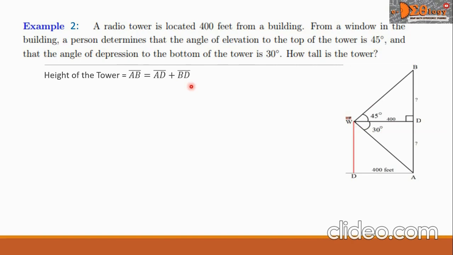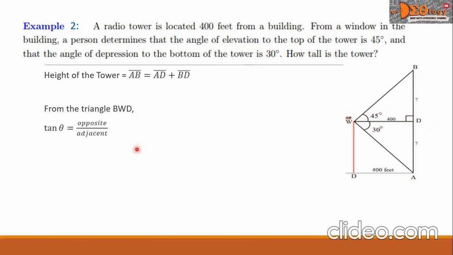Let's start computing for BD. We're going to use the triangle BWD. To compute for the BD, that is the opposite side of the angle 45 degrees. And the side here with 400 length is the adjacent side of the angle 45.